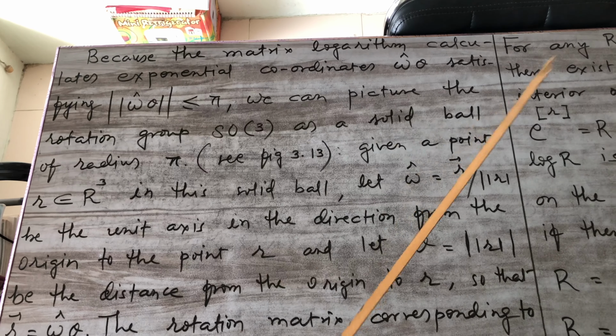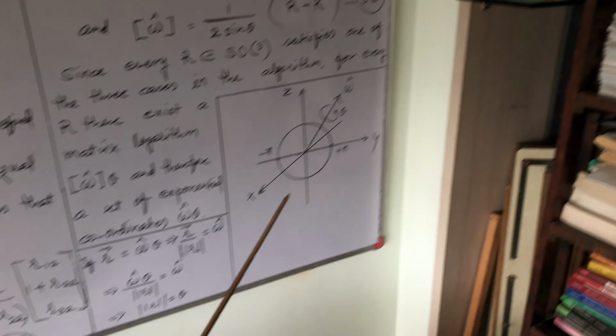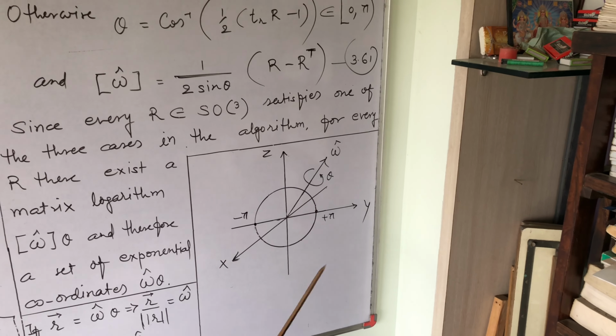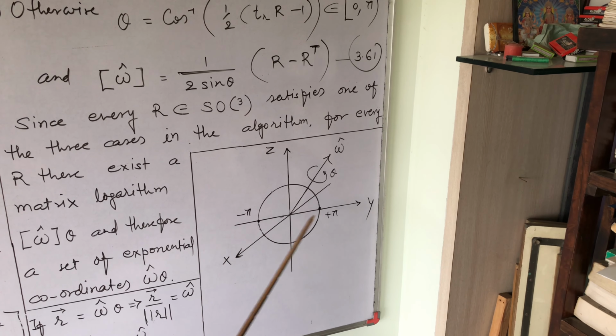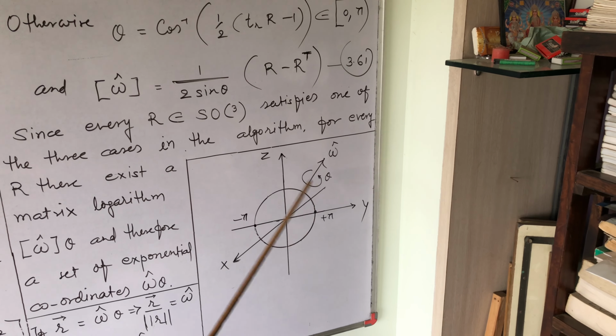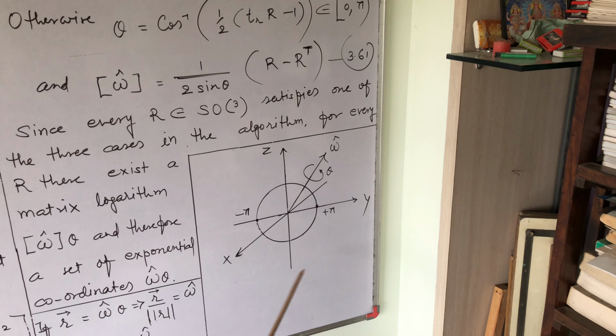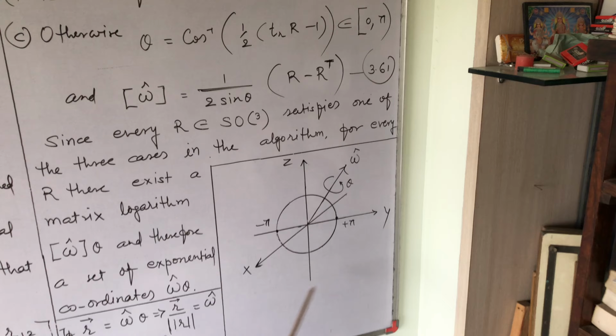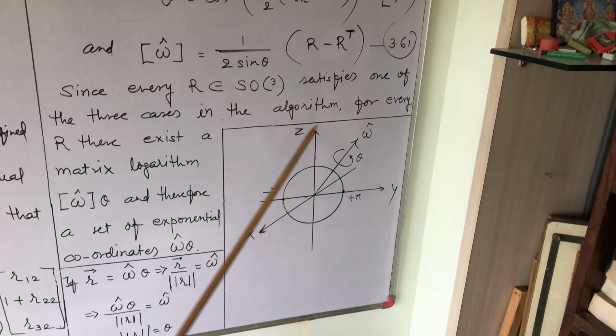See figure 3.13. This is the circle of radius pi. These are the x-axis, y-axis, z-axis. Omega cap is the axis of rotation. And we have drawn a sphere of radius pi, not a circle.